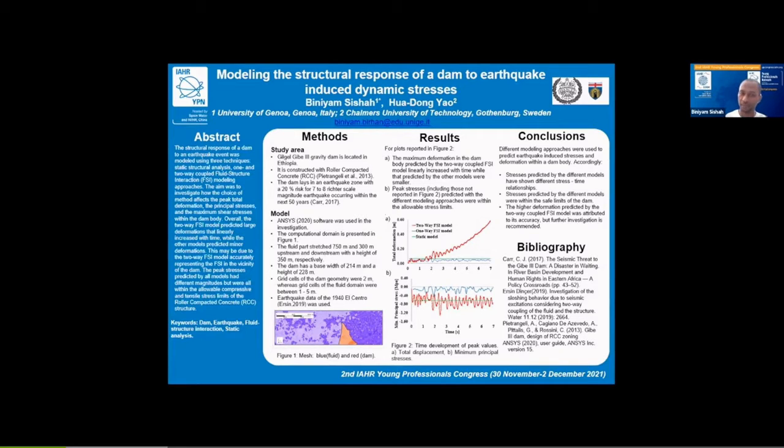So that the boundary conditions do not influence the results on the dam, the downstream and upstream boundaries were stretched further from the dam body, as you see, 750 meters downstream and 300 meters upstream. With respect to grid cells for the dam geometry, about 2 meters were the elements used.